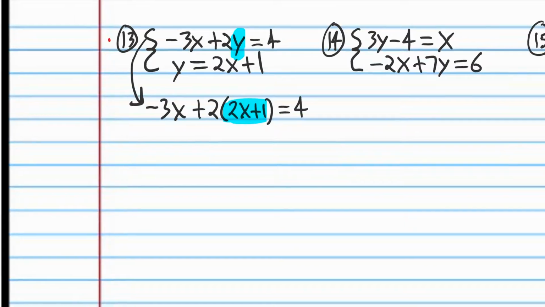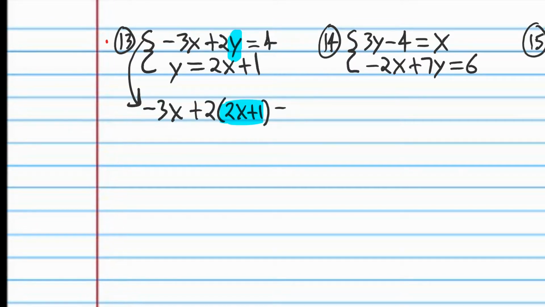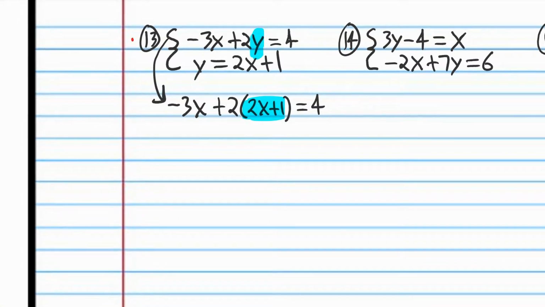Equals 4. And so I just rewrote this entire equation here. It's the same exact equation, but instead of y, I wrote 2x plus 1. So now we have an equation with parentheses.